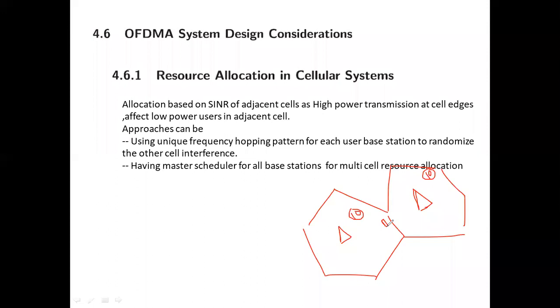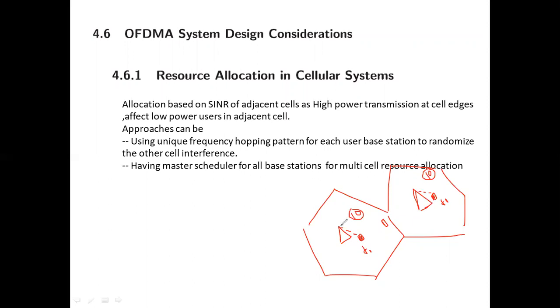The problem is at the cell edge user compared to this user here. Say this is a mobile phone here, and there is one more mobile phone in a different tower. Suppose both of these mobile phones are allocated the frequency f1. Since each is very near to its tower, each is transmitting at a very low power.